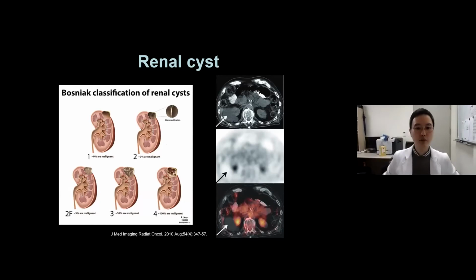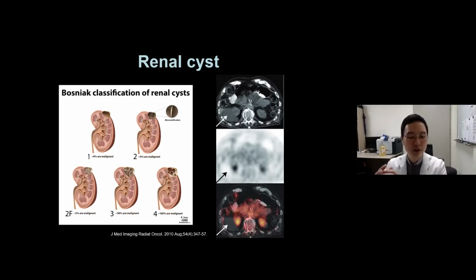Usually in hybrid imaging with FDG PET-CT, simple renal cysts are photopenic. So these simple renal cysts do not need PET-CT for characterization, and they do not require follow-up. However, for classification 2F, 3, or 4, there is a need for further evaluation.